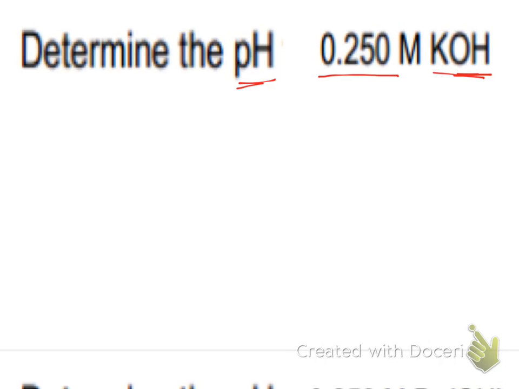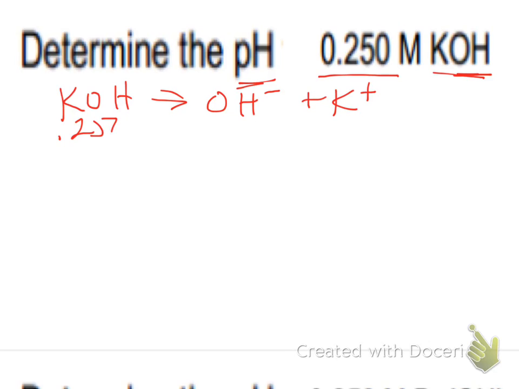So when we have a strong base, we know that it's going to completely ionize, which means that if I start with 0.25 molar of this, I'm going to end up with 0.25 molar of the hydroxide, right?